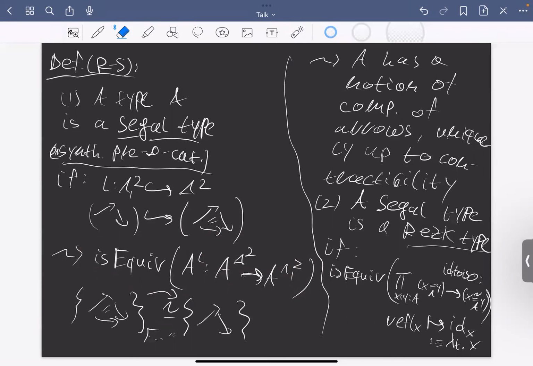Some of these things, it's not so clear to what extent you can prove them also internally, but externally certainly. So we know that this is the right notion. This has been done by Riehl and Shulman using some results from Joyal or Joyal-Tierney, I think.